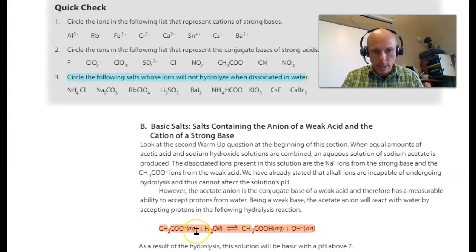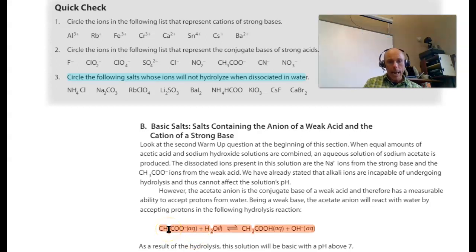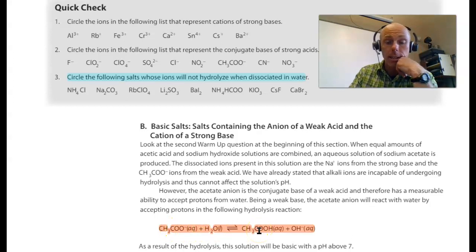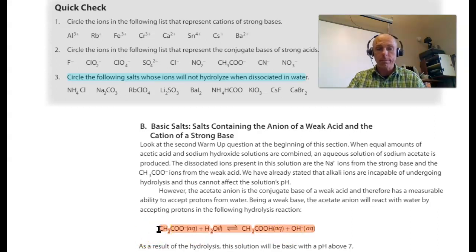So I'm looking at this orange highlight down below. This is the acetate ion. It's an anion. It's negative, interacting with water, hydrolyzing water, breaking it apart, generating that conjugate acid, acetic acid, and hydroxide. Acetate is a base. It's a weak base. And again, when reacting with water, it forms the conjugate acid of that weak base and hydroxide.